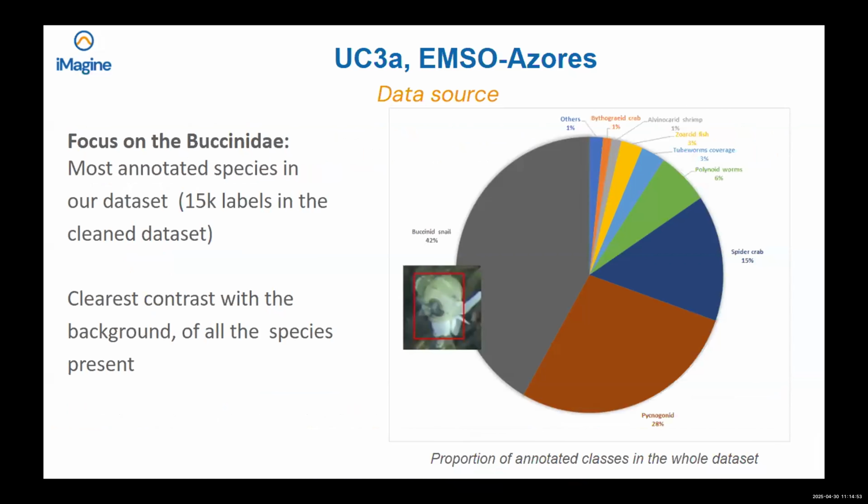To give you more details about this data set, it's quite unbalanced in terms of classes. So we decided to focus on the most annotated species, the buccinid, the snail. It's the class for which we have the most annotations, and it also has the advantage of being quite easy to recognize because it's a clear object on a dark background.